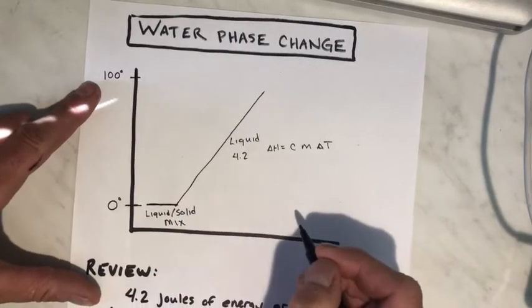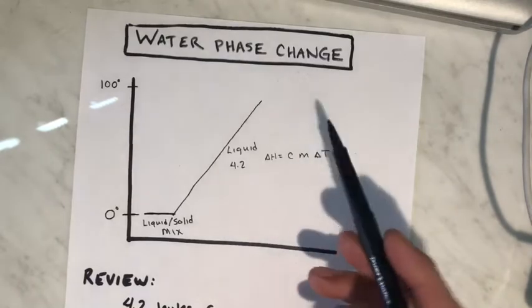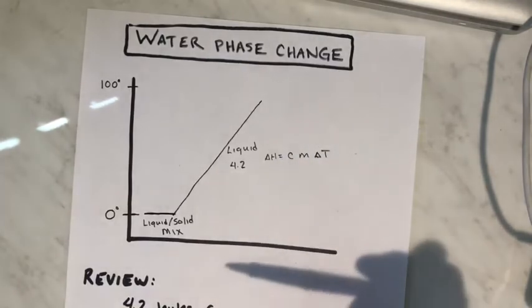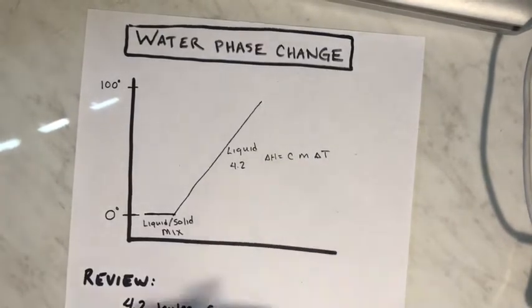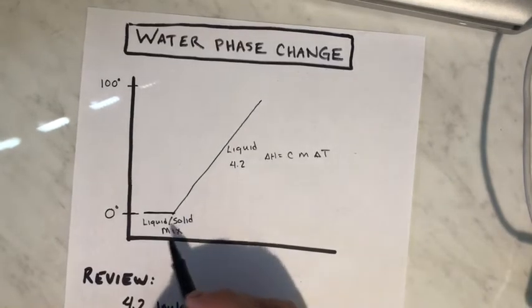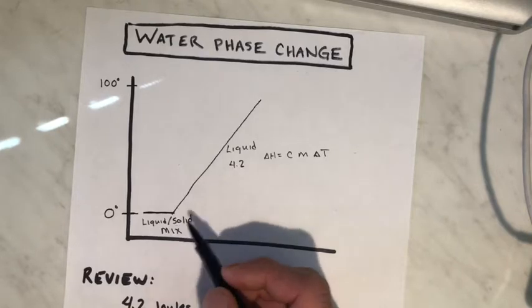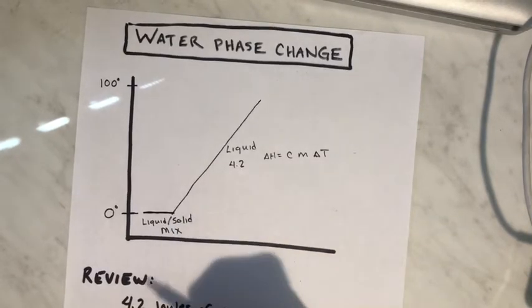This is a tough one for students because we feel like once water gets to 0 degrees, it should just go ahead and freeze into a solid, but it doesn't really happen like that. It freezes gradually, and as long as there's a mixture of liquid and solid, according to the chemistry, it should be at 0 degrees Celsius.